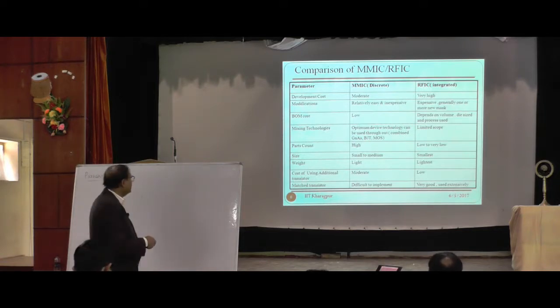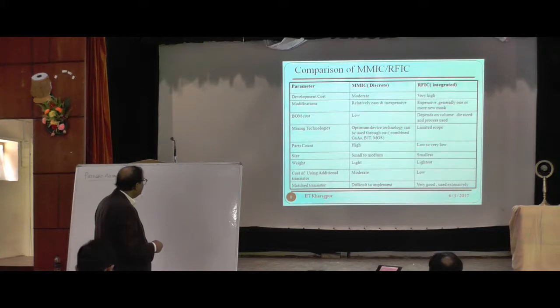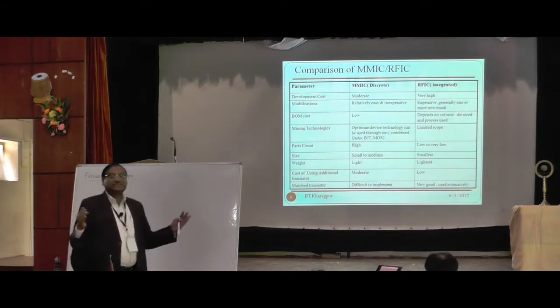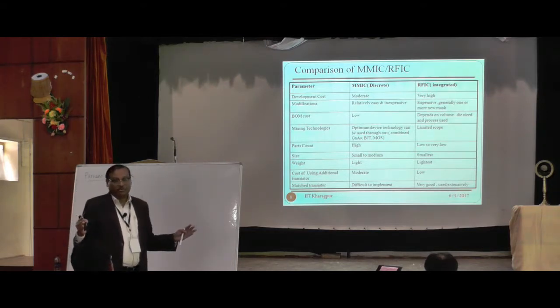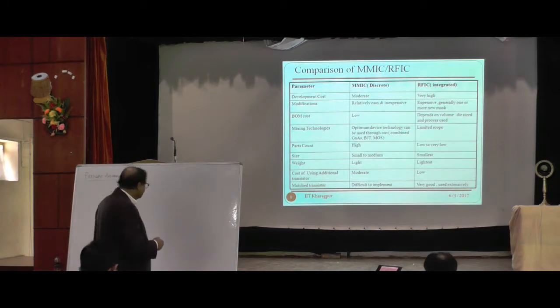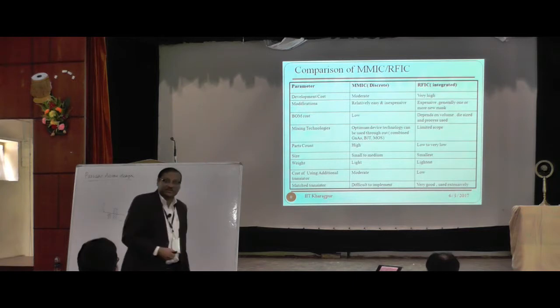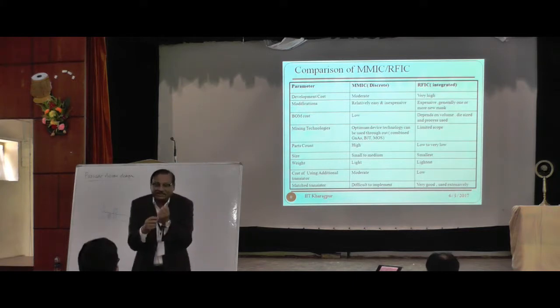But the development cost is lower. And if you look at the bill of material, the cost is also low. But their scalability, that means from 1 gigahertz to terahertz, that kind of scalability is not there. And secondly, it takes more volume, more area. And it is difficult to implement for transistors, because you cannot have matching transistors.